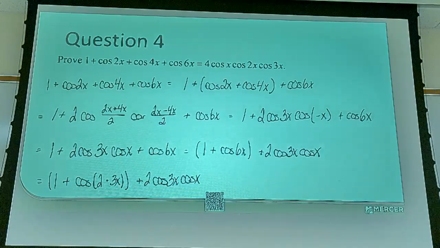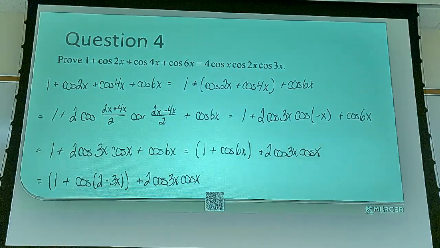Now we want to use a double angle identity on cosine. Remember, there are 3 forms. Cosine of 2 theta is cosine squared of theta minus sine squared of theta, or 1 minus 2 sine squared of theta, or 2 cosine squared of theta minus 1.